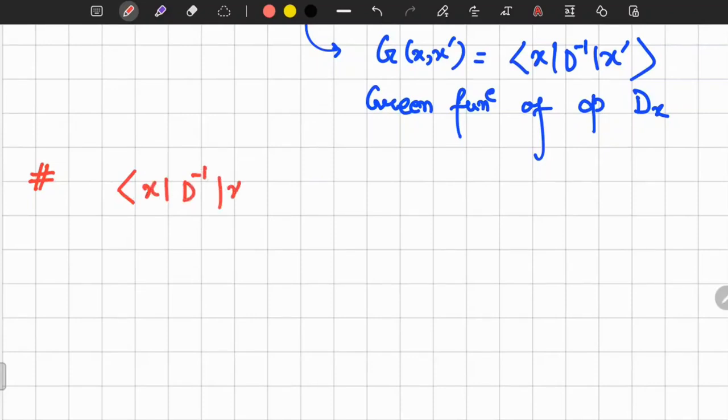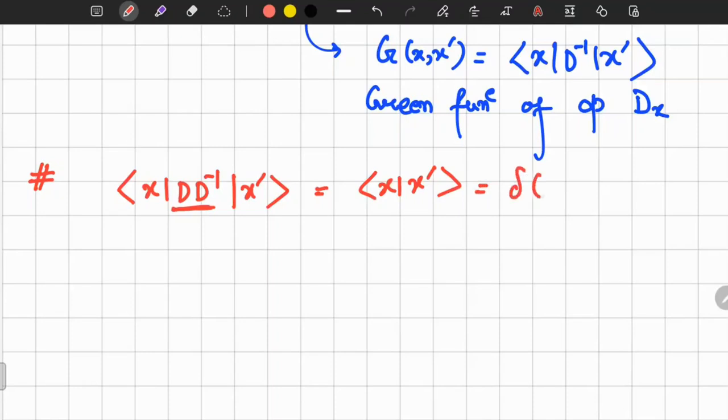So as this is the Green function, we have written already. But we can think like this. If we write D x, D inverse, x prime. So D D inverse is identity. So it will be essentially this, and it is just the delta function. Okay.